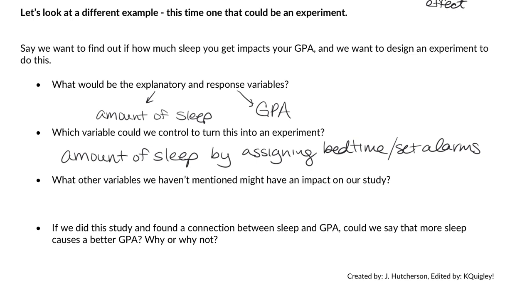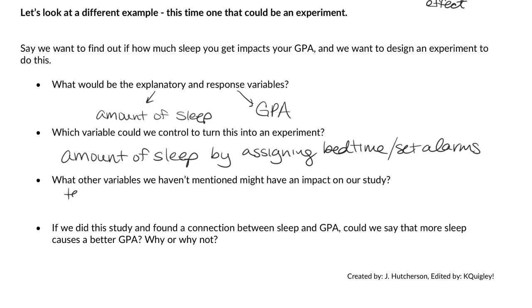Now, cool, we have this whole thing set up, but what other variables haven't we mentioned that might have an impact on this study? Because all we're doing is controlling how much sleep somebody gets. Then we're going to look at their GPA. Like the teachers in the class. Teachers and classes they take. What if they take all regular versus all AP classes?